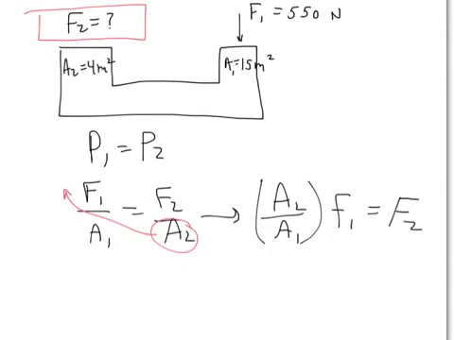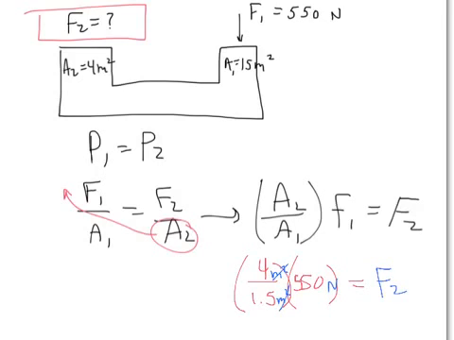A2 over A1 becomes 4 over 1.5, and the force you're applying is 550 newtons. Now, the units of 4 and 1.5 are both meters squared, so those really don't matter as long as the units are the same. The units here are newtons, which makes sense because our answer is a force. So what we're going to notice is this, and this is the intriguing part.